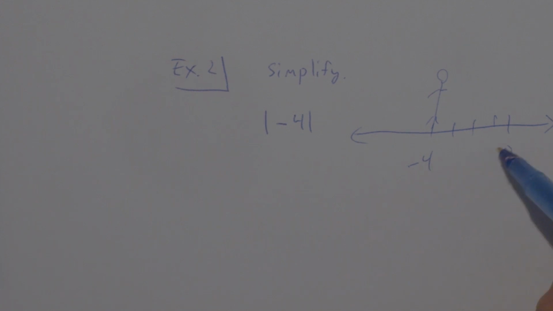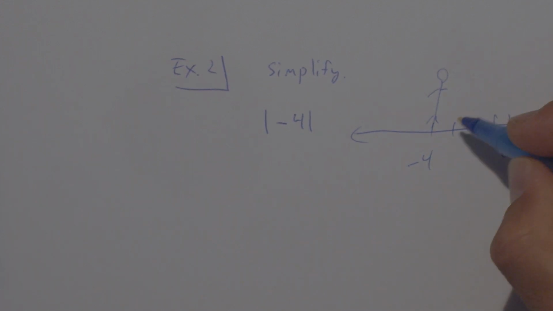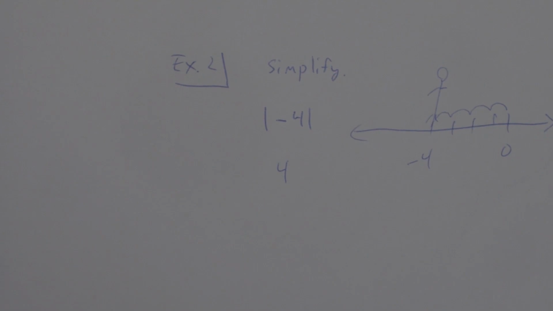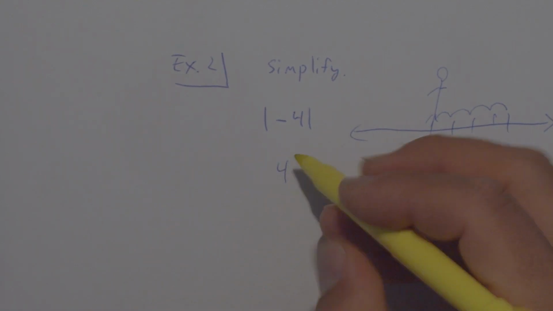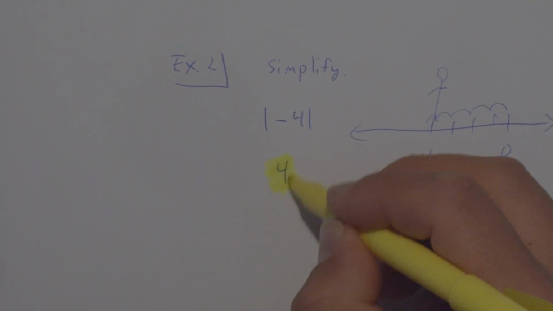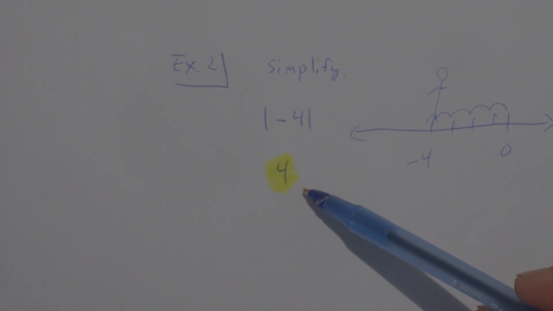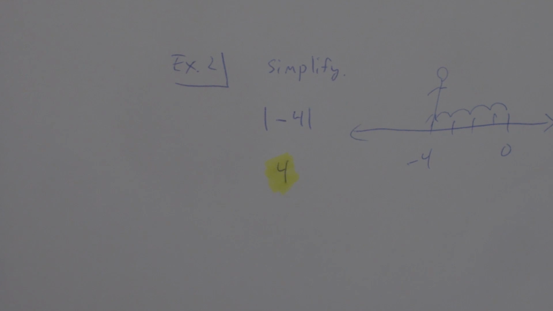How far away would you be from 0? If you were to step, it would take 1, 2, 3, 4 steps, and therefore our answer is going to be +4. Note so far that in example 1, the answer was +3, and again, look at our answer. It's +4. We're going to notate something in a little bit.